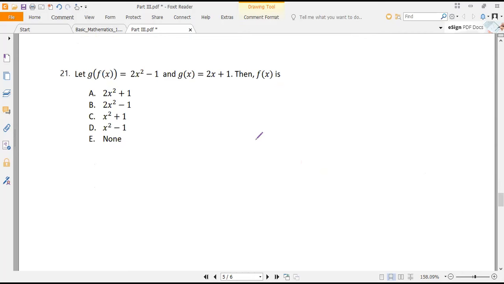So another question: let g of f of x be given, and g of x is equal to 2x plus 1. Then what is f of x? So g of f of x is equal to 2x squared minus 1, and g of x is given.